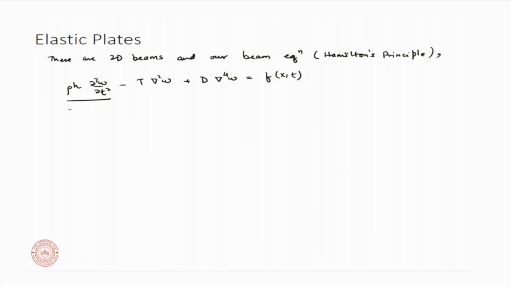Okay. So this is our acceleration, so inertia. This is due to the stretching or the pretension in the body. This is due to bending, and this is the external stimulus.